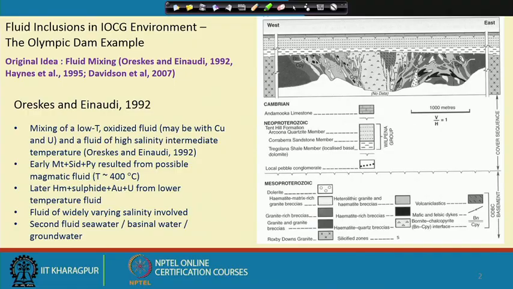So, we will continue with one important class of hydrothermal deposit, known as the IOCG deposits, the iron oxide copper gold deposit. This deposit type owes its origin to the discovery of the giant Olympic Dam deposit in southeastern Australia, in the Gawler Craton.